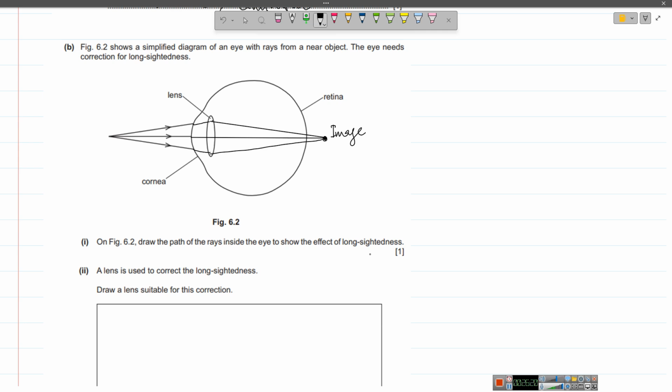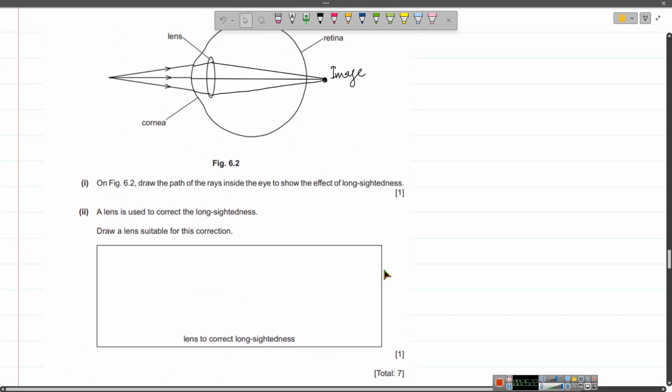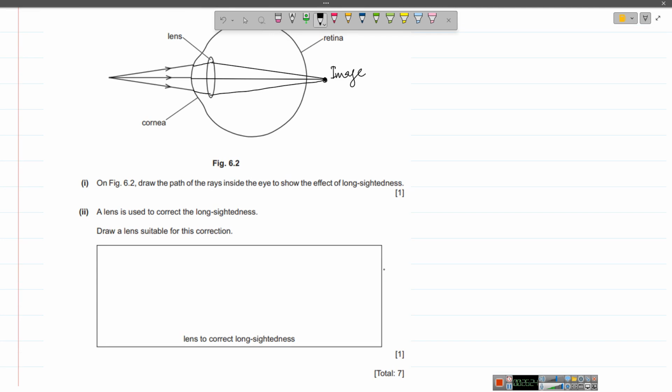A lens is used to correct the sightedness. Draw the lens for the correction. So you draw a similar diagram, so you have a lens in advance, and then you have this eye over here. You can use a rough diagram, nothing very specific. This is the lens. So here's the object. You get the three rays, now just simply create the image over here, and this is the object.